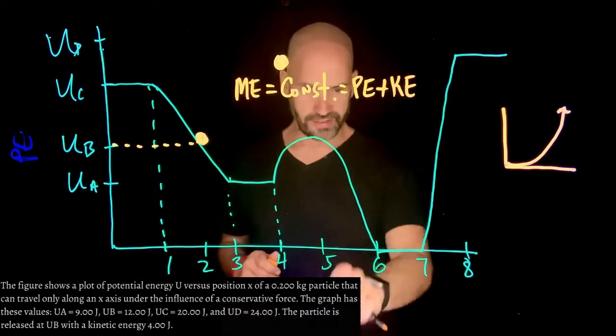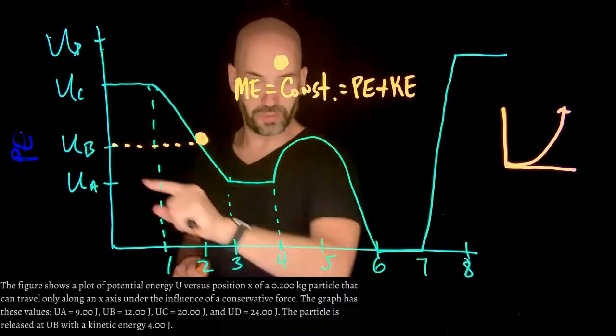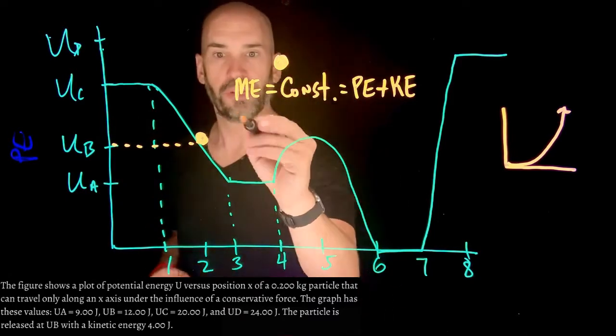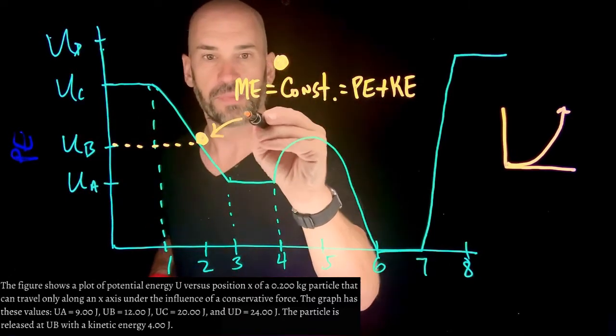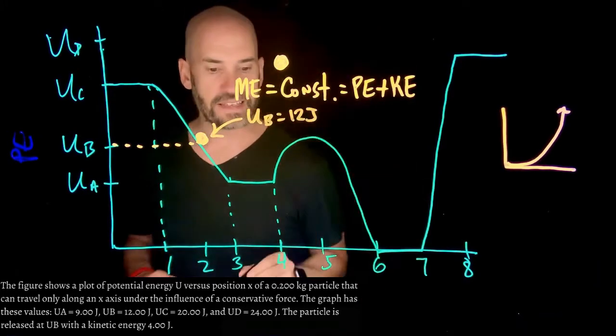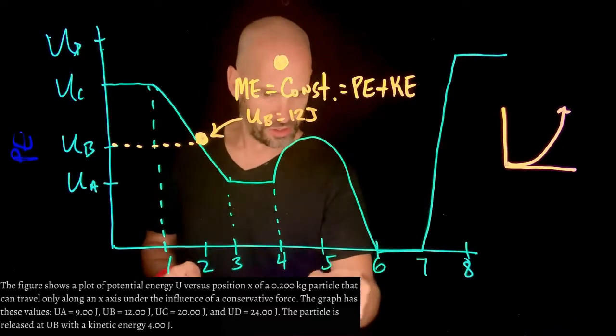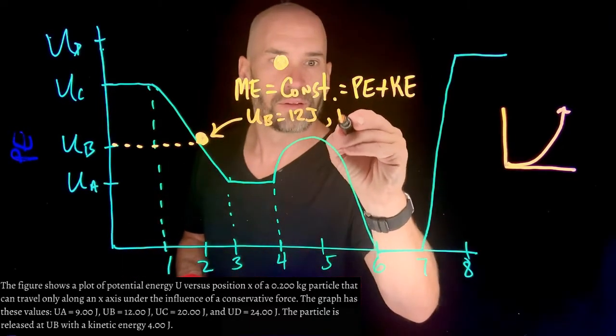And it says that UB, the potential energy at this position, is 12 joules. And it says that it's released, like given a little push, with a kinetic energy of 4 joules.